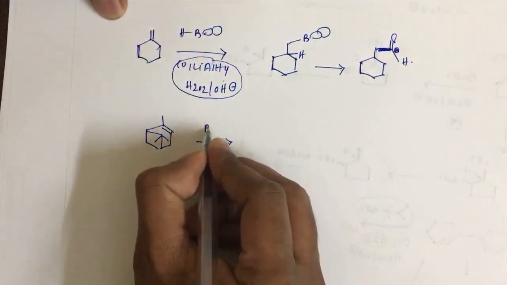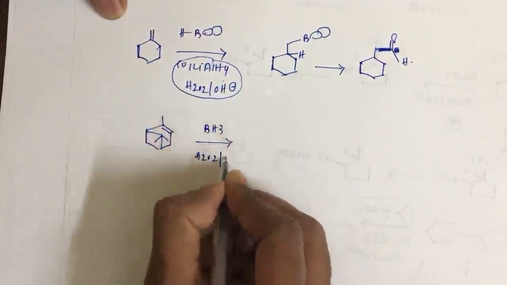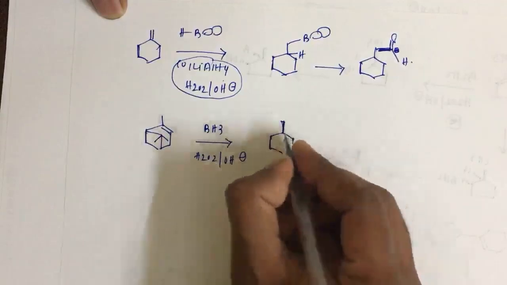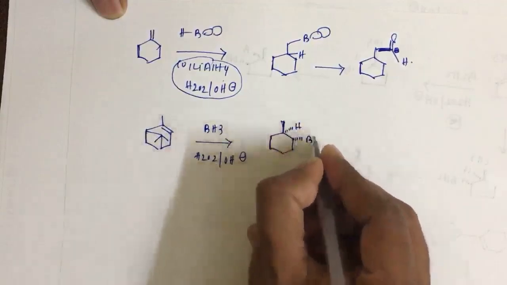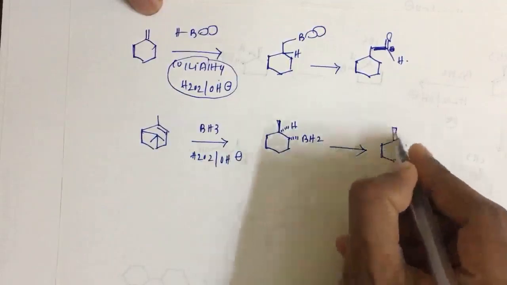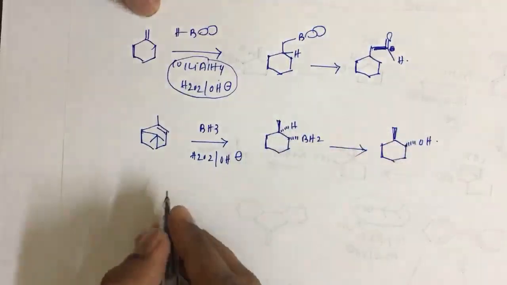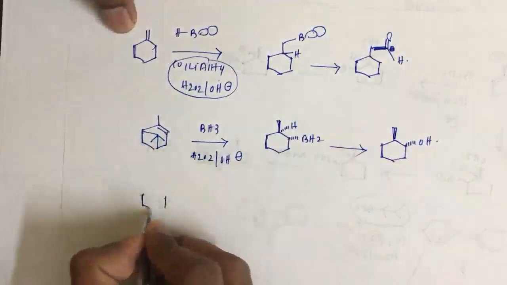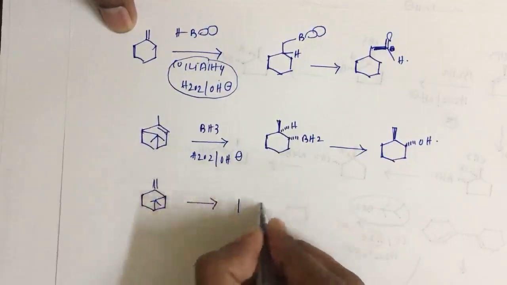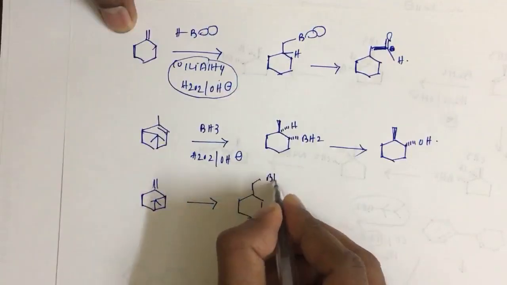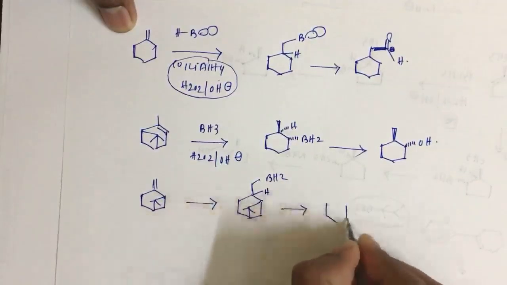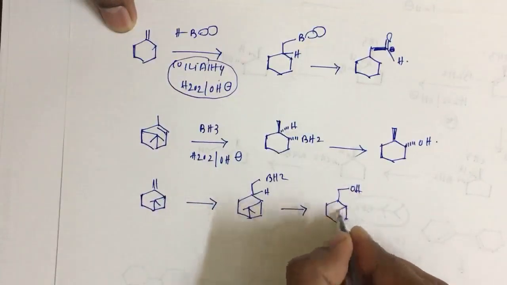If you treat this one with BH3 and H2O2, OH minus, imagine this is above the plane, hydrogen comes below the plane, and BH2 comes here, and H2O2 OH minus directly converts it into alcohol. And if you take beta-pinene, same reagents, BH2, hydrogen, this leads to the formation of OH.